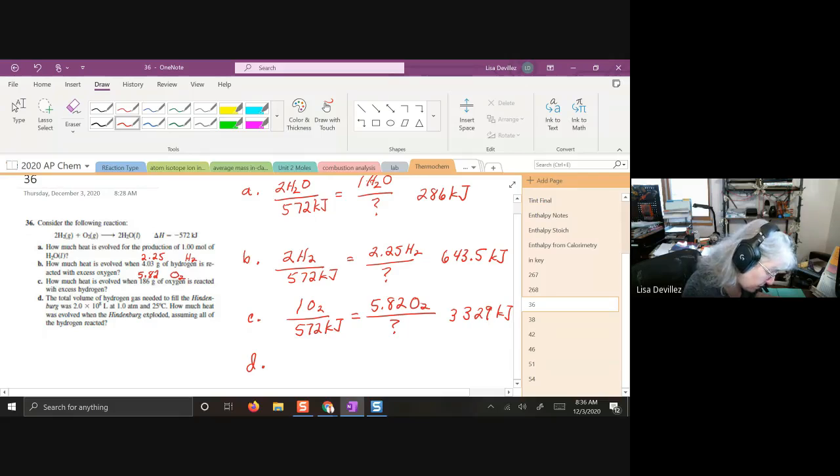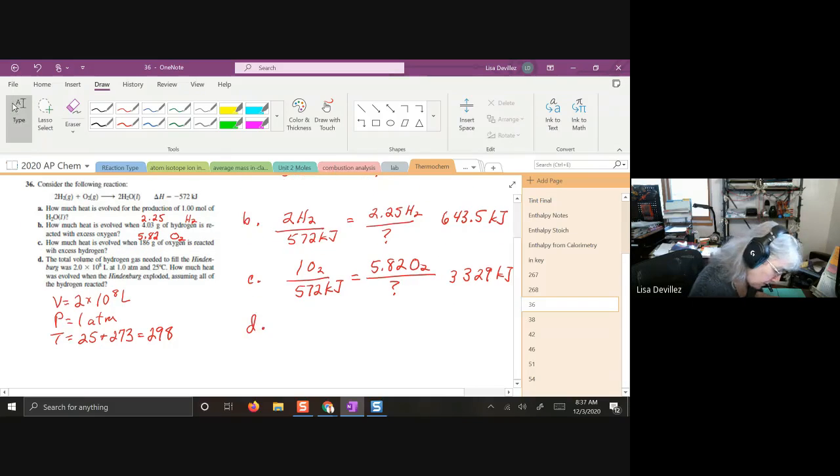All right, and the last one of these, D. Total volume of hydrogen gas to fill the Hindenburg. So I have a volume of 2 times 10 to the 8th liters. Pressure is 1 atm. My temperature is 25 plus 273, so 298. And so PV equals nRT.